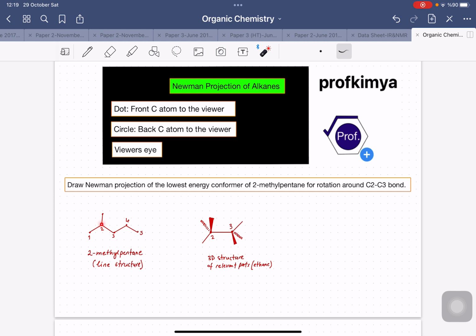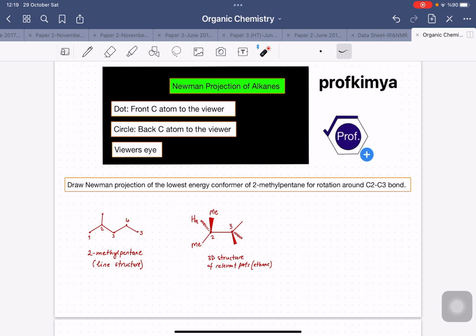Number 2, this carbon atom has a methyl group, a hydrogen. So number 2 carbon, this is the number 2 carbon. I will write methyl group. Methyl group is looking at me. Hydrogen, I just call this hydrogen A, facing down.